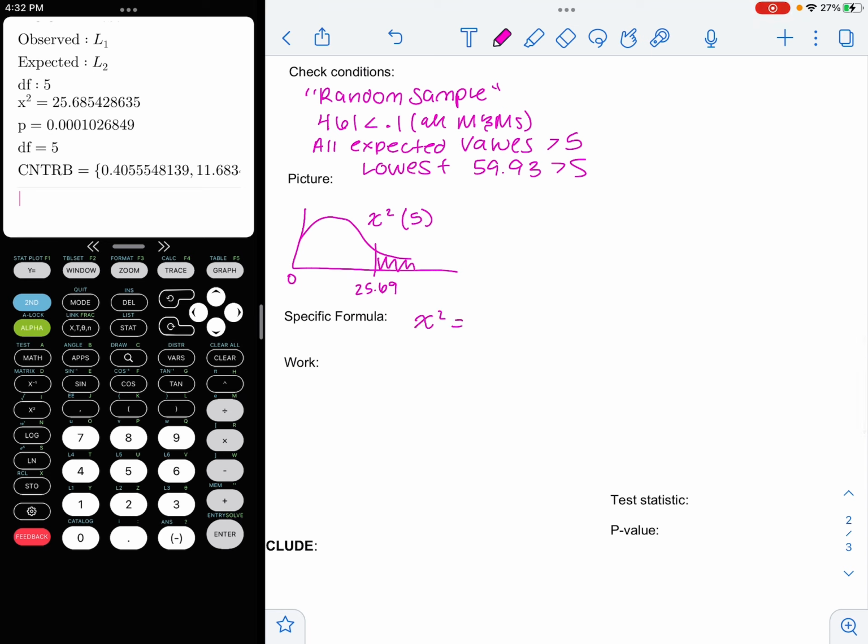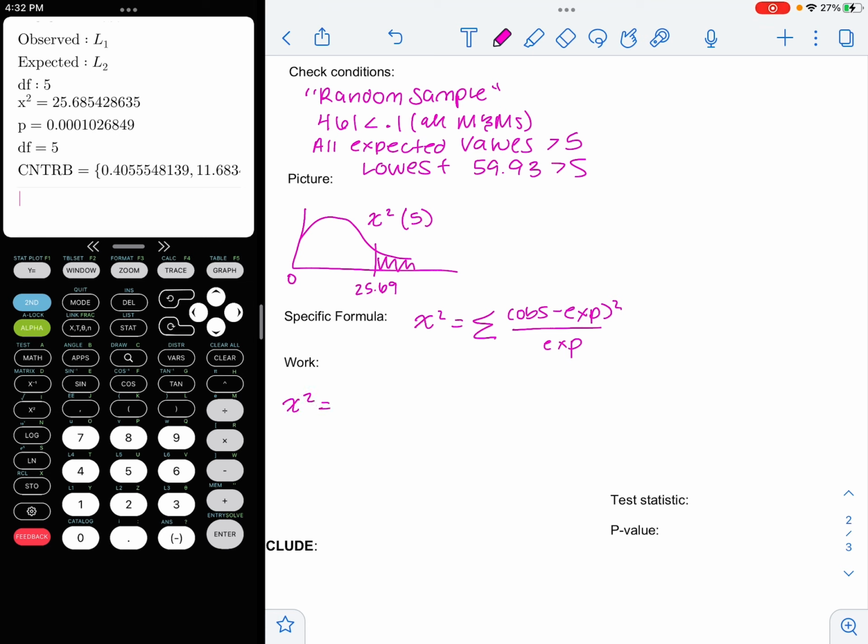We've got our specific formula, which is on your formula sheet. So if you do forget it, it is a fairly easy one to remember. But of course, if you forget it, it's there. And then for work, I'm going to show at least the first few.